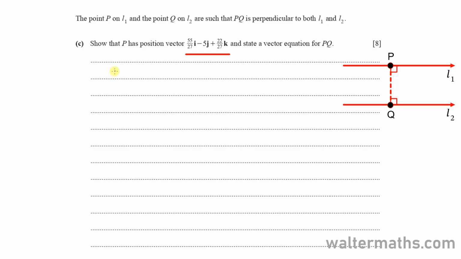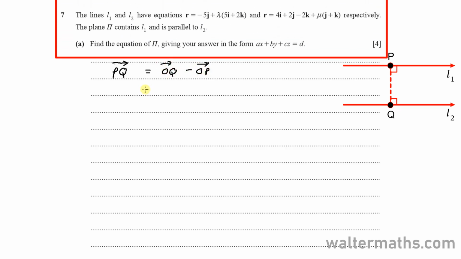Now here we're going to find the vector PQ, and we know that PQ is OQ minus OP. Now OQ, which is this point, has the form, for some value of mu, 4, 2 plus mu, and minus 2 plus mu, and it's minus OP. Now OP for some value lambda should be 5 lambda, minus 5 and 2 lambda.